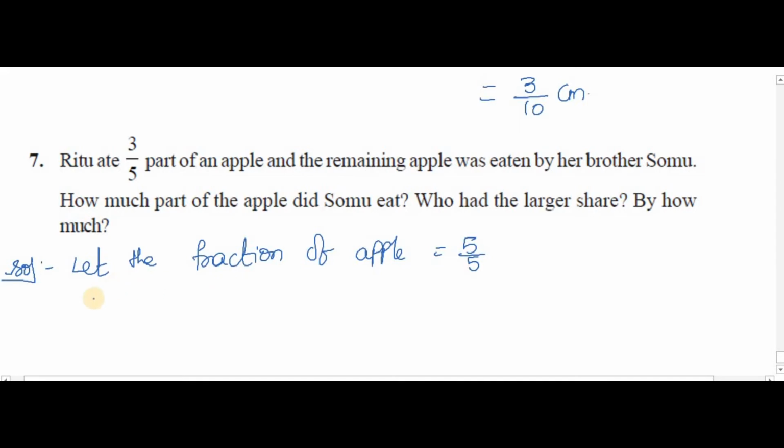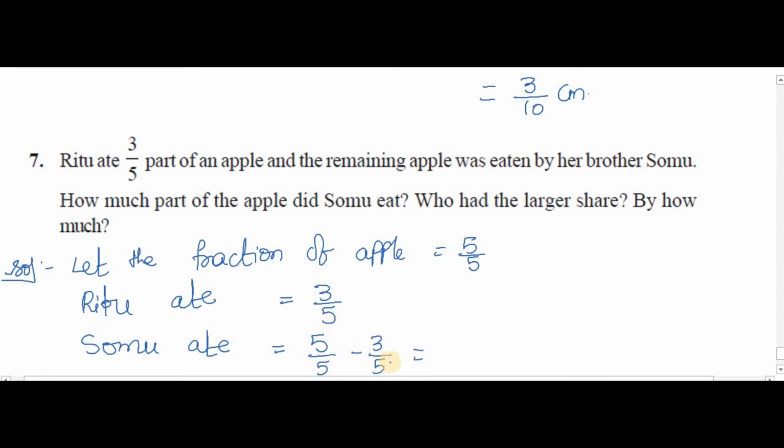In this, the fraction of apple Ritu ate is equal to 3 by 5, and now the rest of the part is what Somu ate. So 5 by 5 minus 3 by 5.